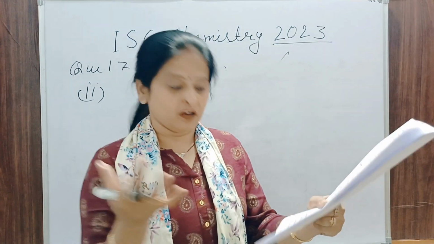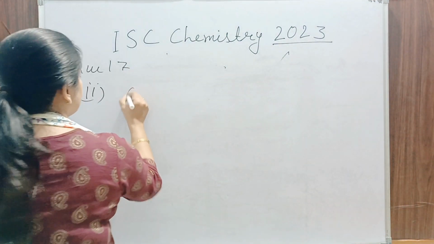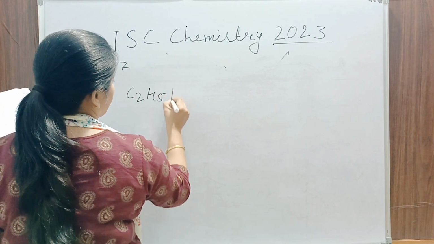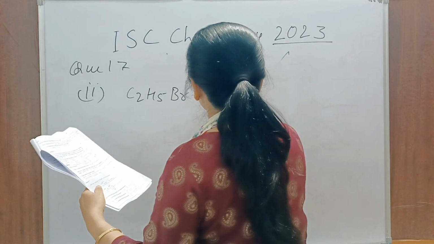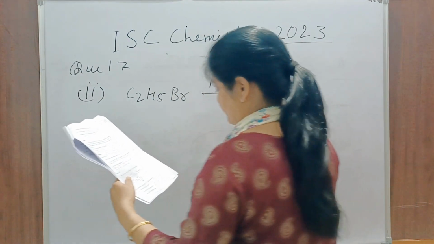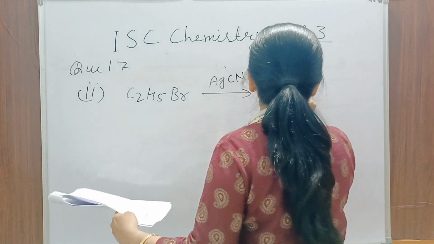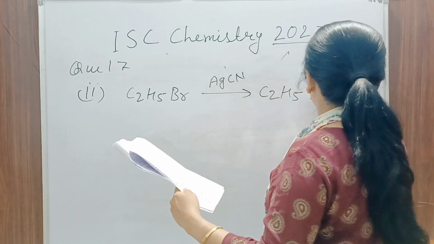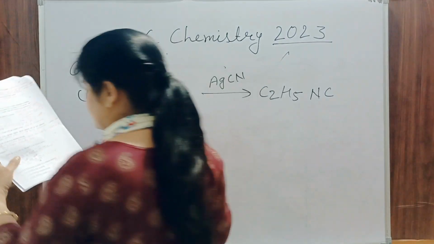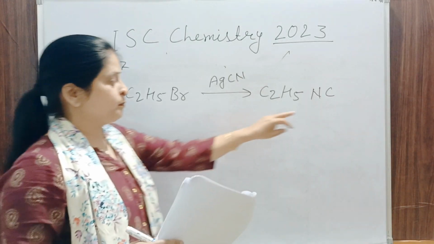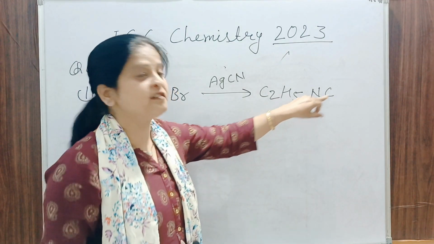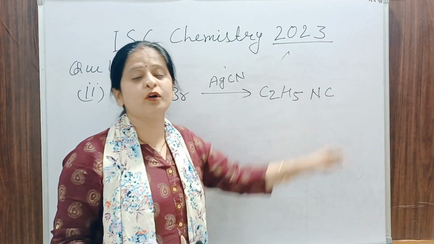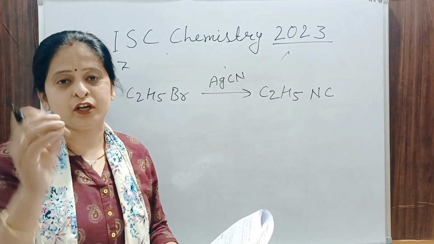How can we convert it? Ethyl bromide C2H5Br in presence of AgCN will be changed into C2H5NC. NC is isocyanide. Pay close attention, do not write CN. Isocyanide means NC. If you write CN, the answer will be wrong.